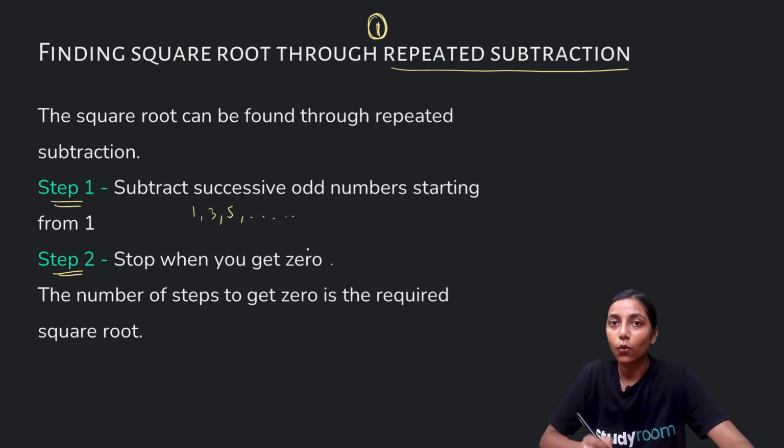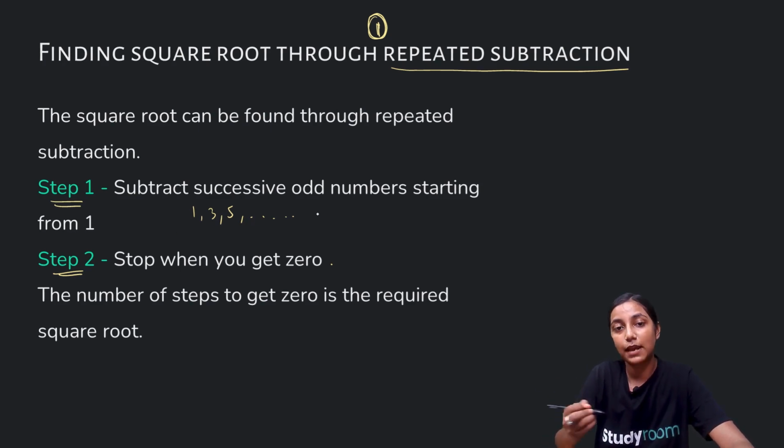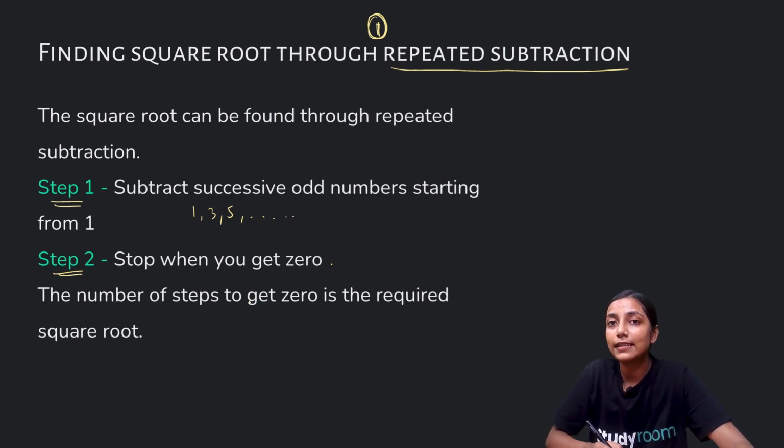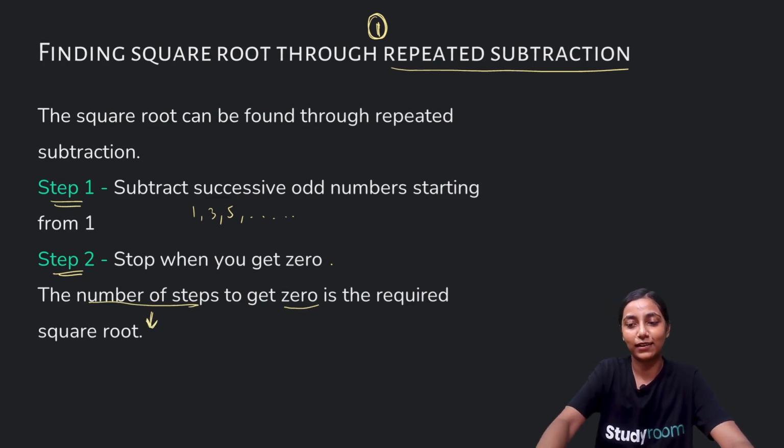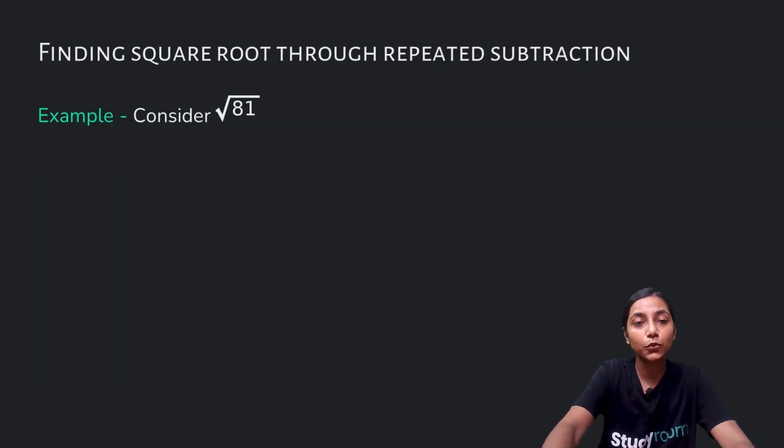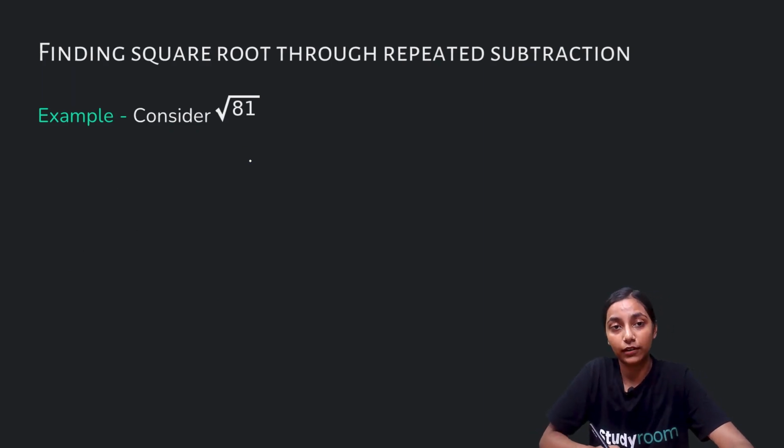When we get 0, we just count the number of steps involved in getting 0 at last. The number of steps is the square root of that number. Let's do this and then it will be more clear to you.